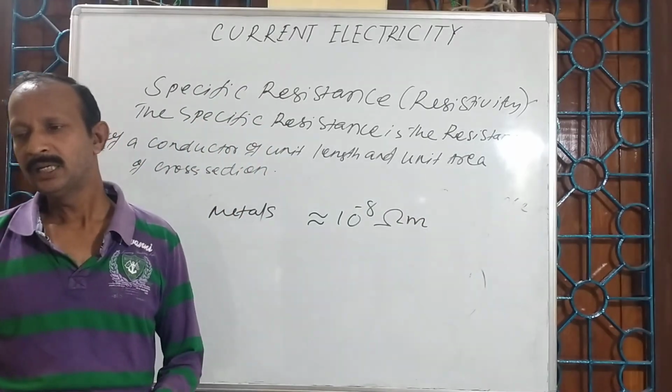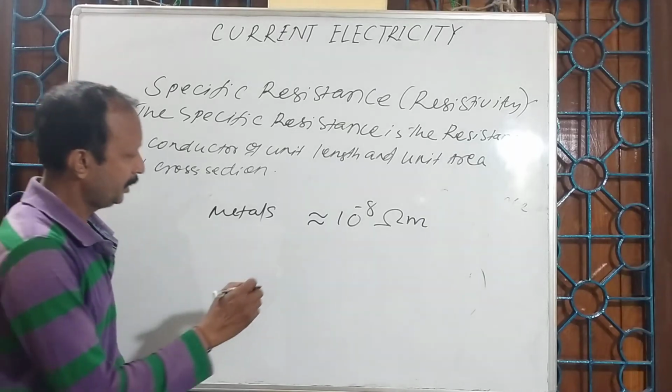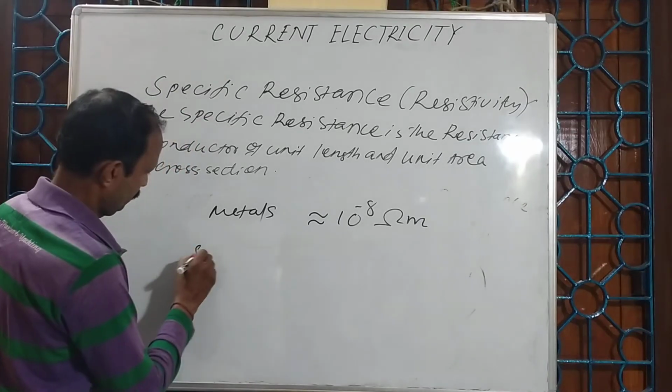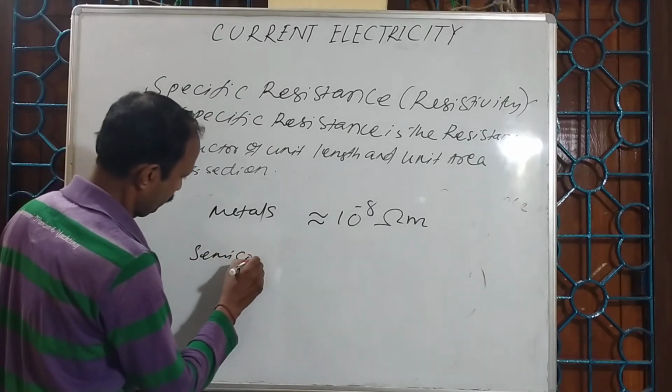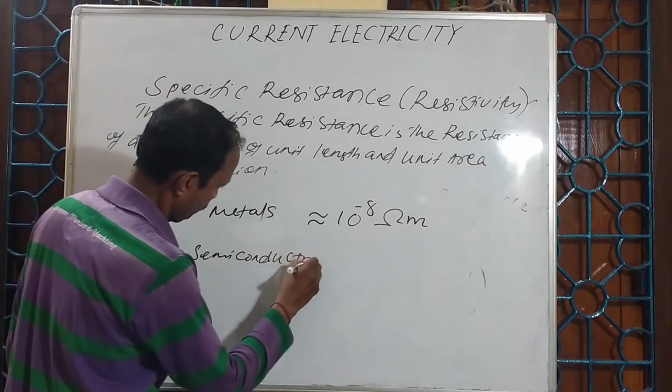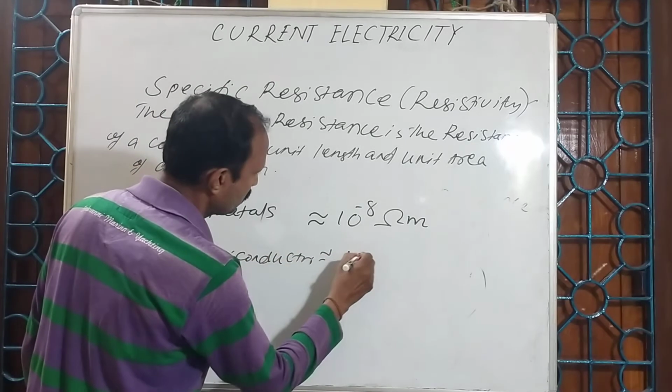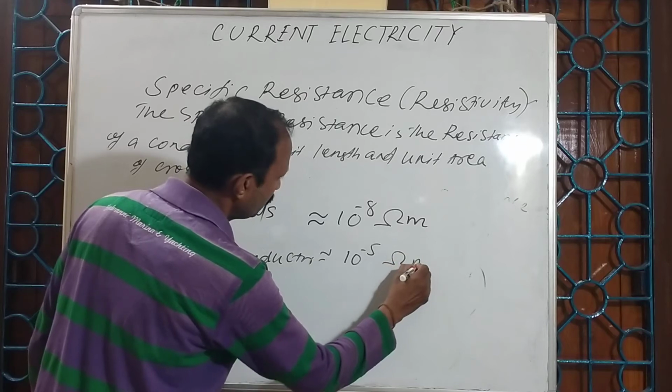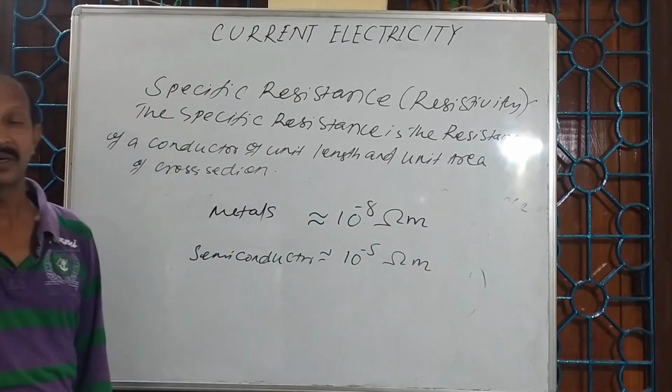If it is semiconductor, it is 10 to the power minus 5 ohm meter.